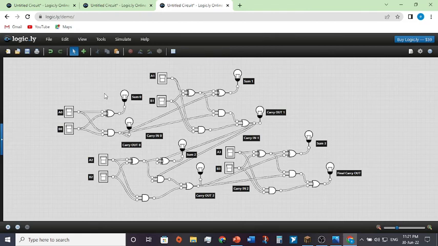Okay, let's take the previous example. I added 1 1 1 1 and 0 0 0 0 in the presentation, we're talking about binary. So let's do that. A0, A1, A2, A3 are 1, and the other is 0.